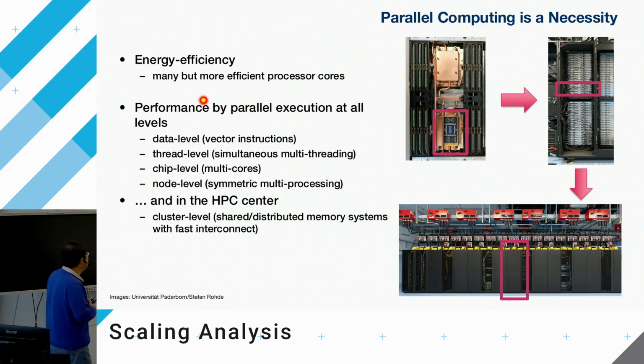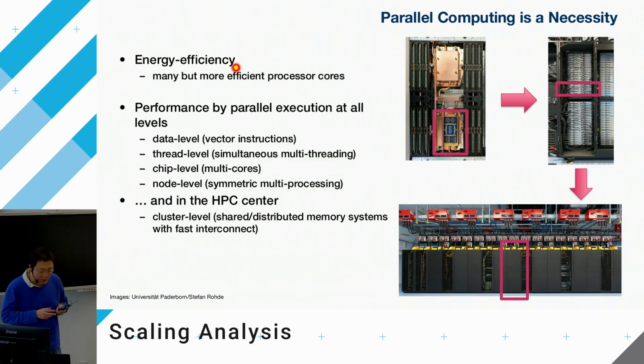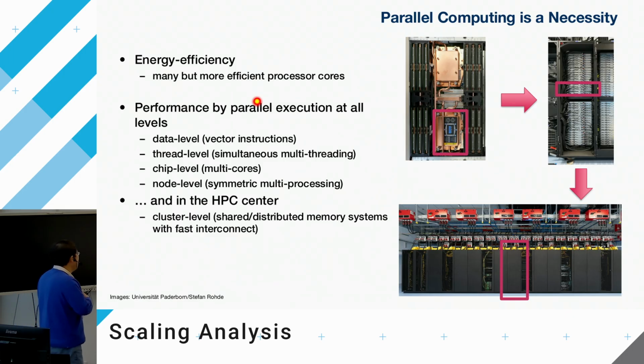And the change is basically for more energy efficient utilization of HPC. Nowadays, energy efficiency or power saving is an important issue. And for parallel computing, there are multiple opportunities to take advantage of energy efficiency and parallelization. In the previous session, Alex already mentioned data level parallelization, the so-called vectorization.